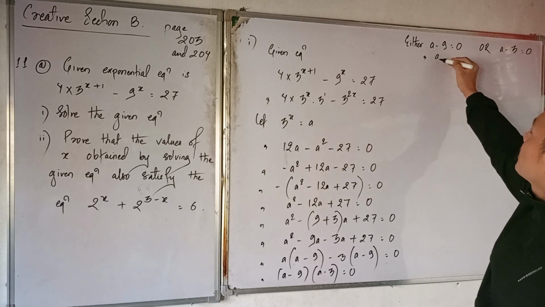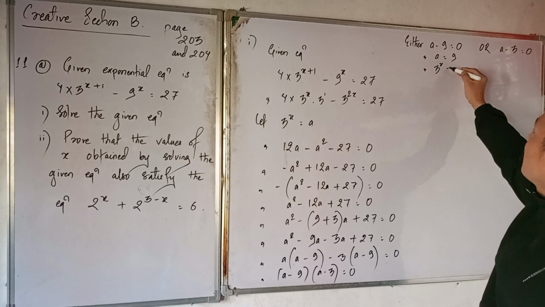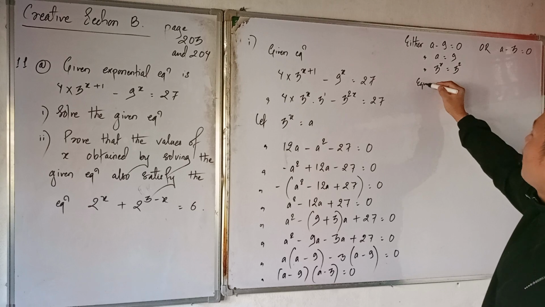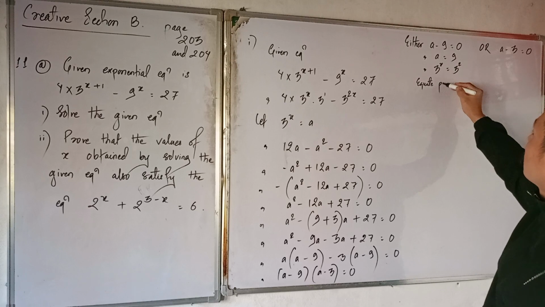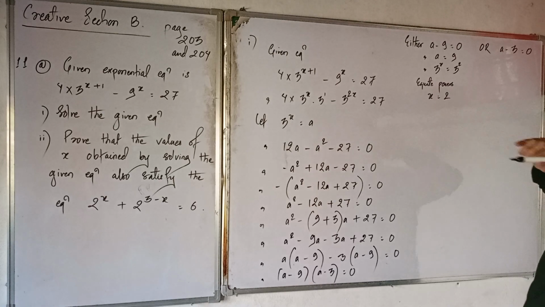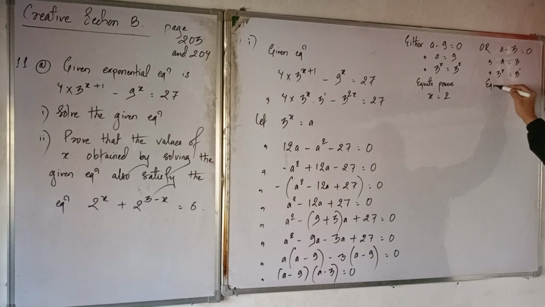Now further simplification: a equals to 9. Replace a by 3 power x, and 9 can be expressed as 3 power 2. Now equate powers, you will get x equals to 2. Similarly here also, a is equals to 3. Now replace the value of a by 3 power x. 3 with no power means there will always be 1.